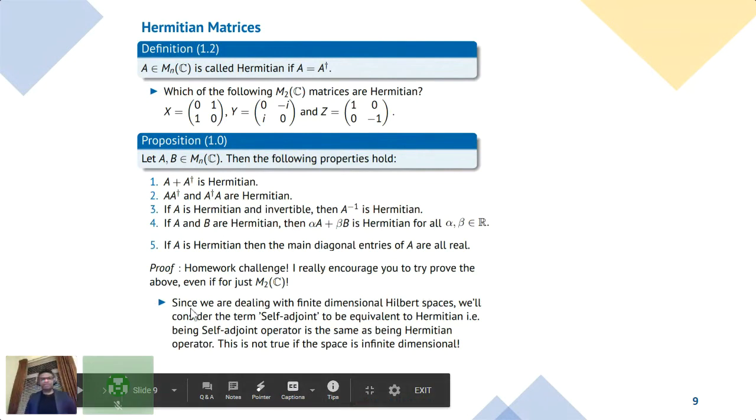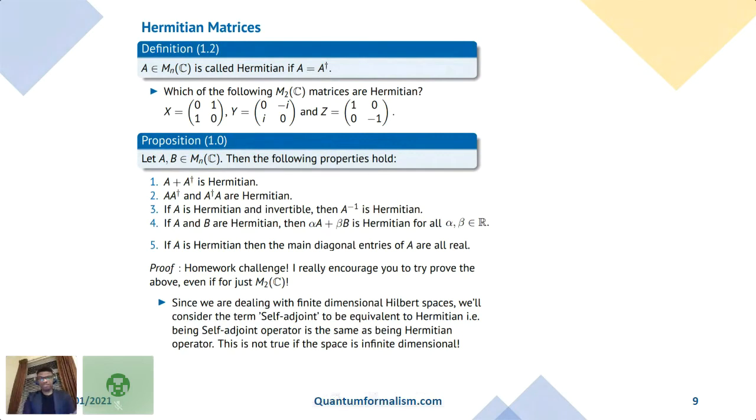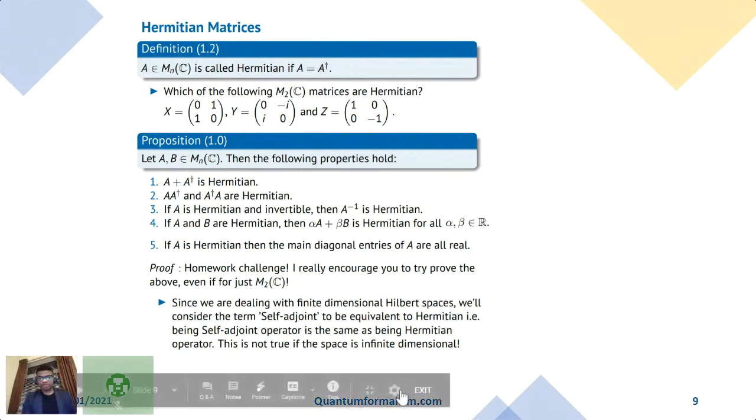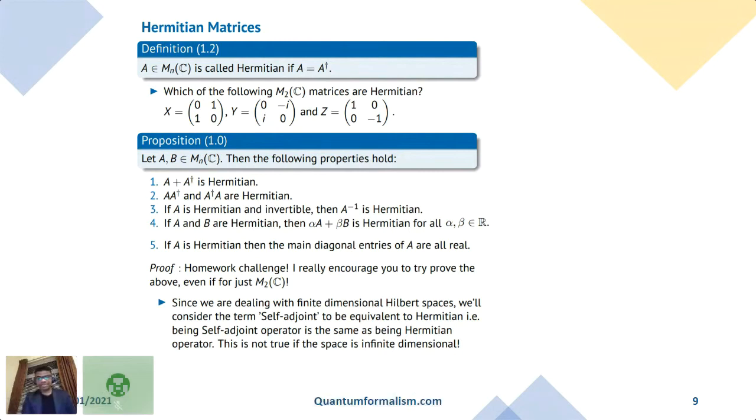Because we are dealing with finite dimensional Hilbert spaces, we will take the word self-adjoint to be equivalent to Hermitian. This is true for finite dimensional Hilbert spaces. For infinite dimensional Hilbert spaces, you will see when we get to functional analysis, this is not true. A self-adjoint operator is Hermitian, but a Hermitian operator, in the mathematical sense, doesn't have to be self-adjoint.